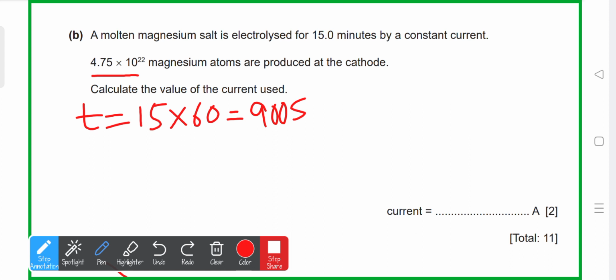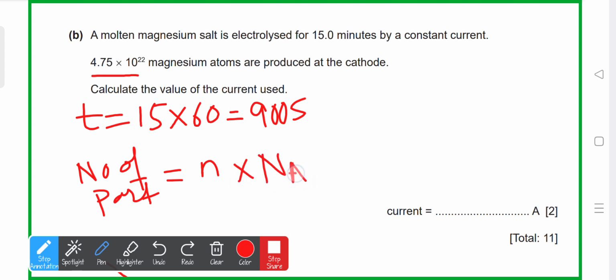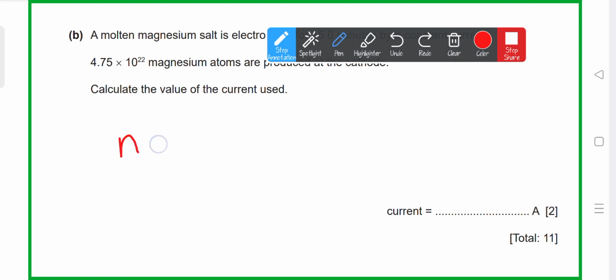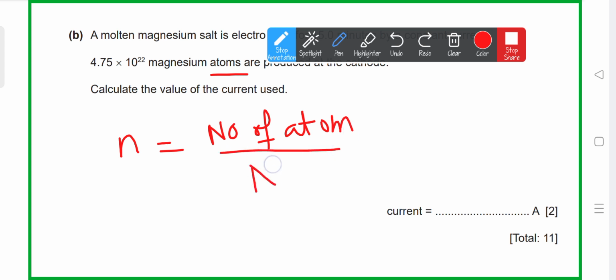You always need to get the number of moles for your calculation. So we are going to use the formula: number of particles is equal to moles times Avogadro's constant. You must have done this formula in your IGCSE or in your AS level. To get the number of moles, we change the positions of the variables, so moles is equal to the number of particles, or number of atoms, because in this case we have atoms of magnesium, divided by Avogadro's constant.